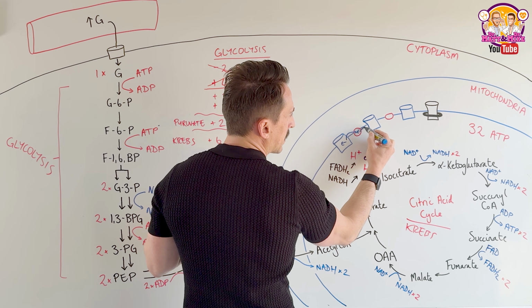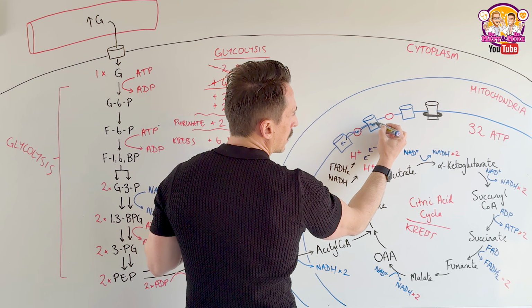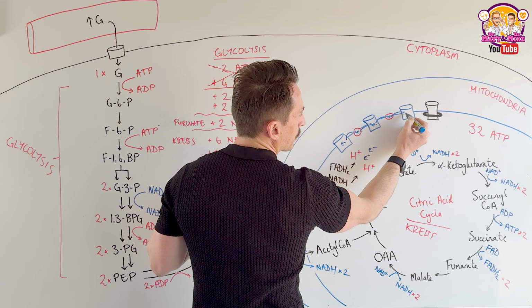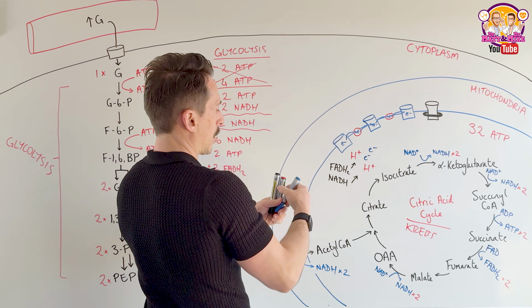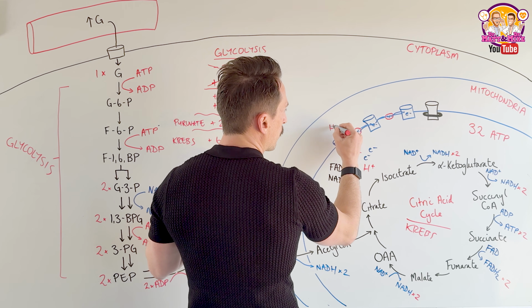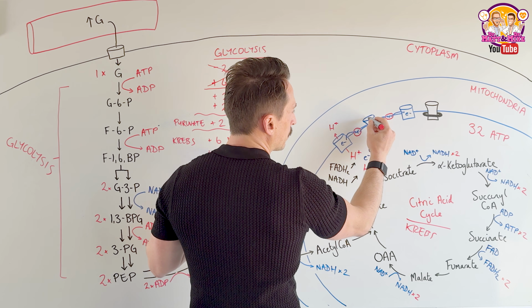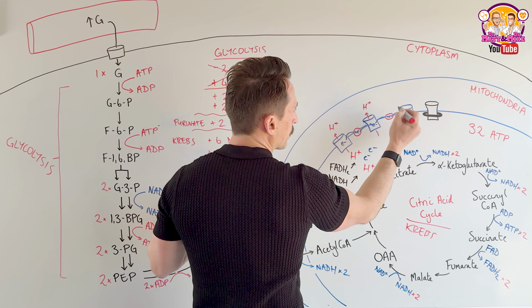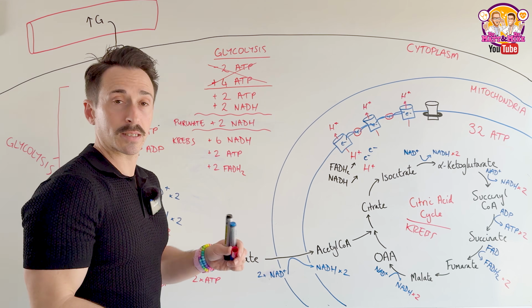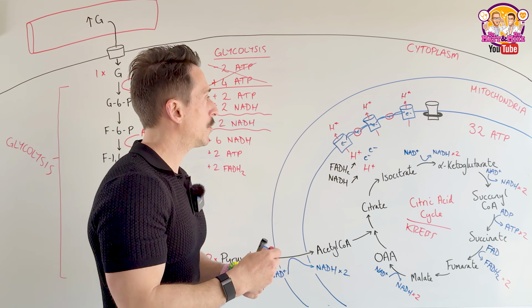And what it does is it excites them, to go, whoa, I'm excited now. I'm going to pump hydrogens into this intermembrane space because it's all excited to do that.